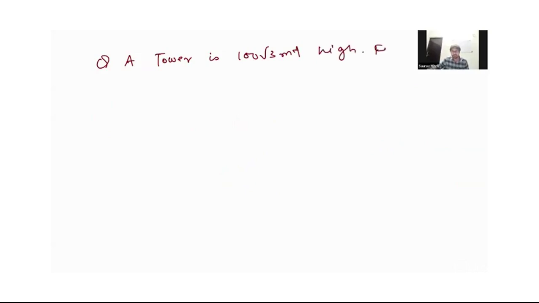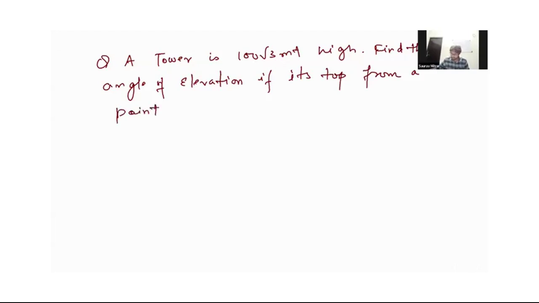Find the angle of elevation of its top from a point 100 meters away from its foot. Okay, so let's see.